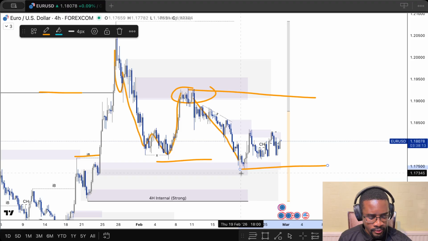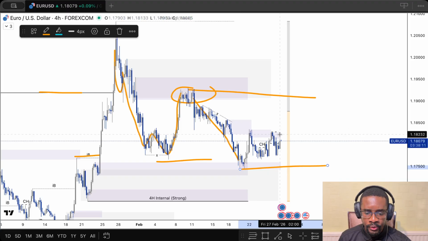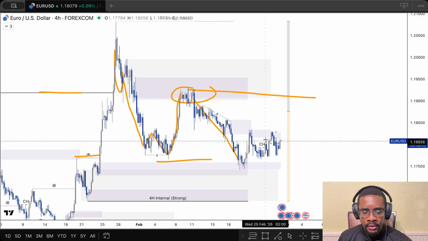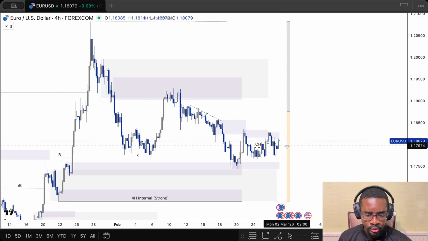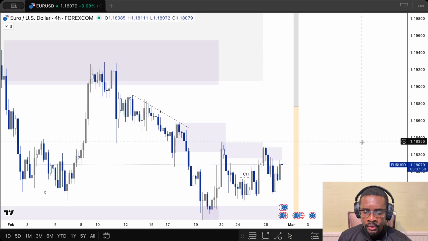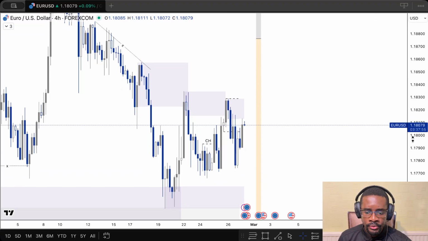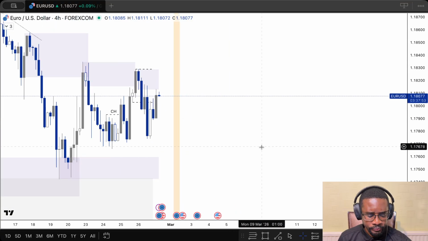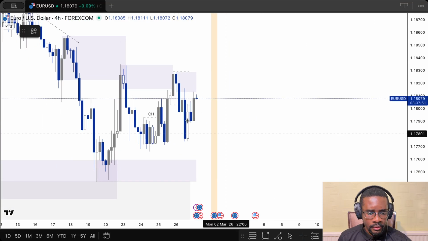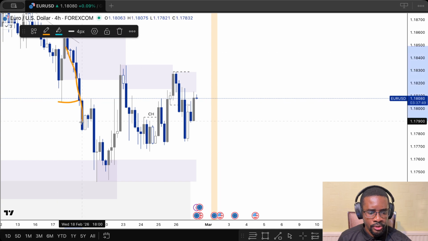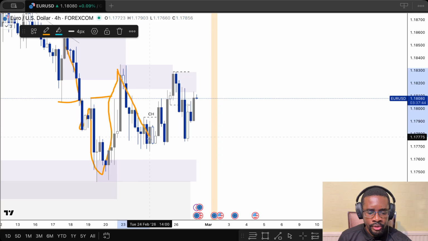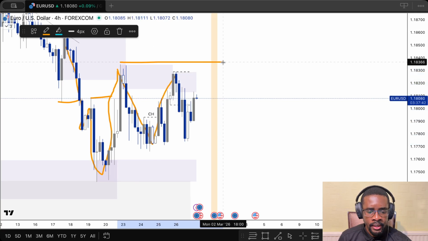So the 4-hour is still pretty much bearish, and we have this supply chain that is still being respected. If we look closely on the chart, price is continuing to make these lower lows, and then we've had this bullish break, and then we failed to make a higher high.